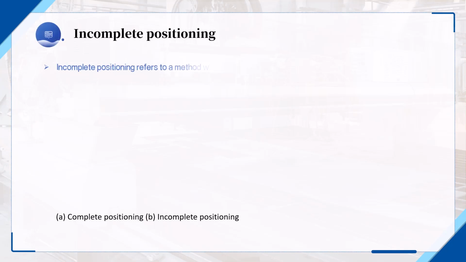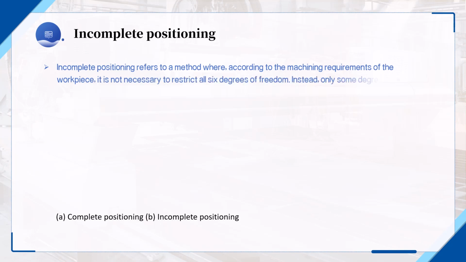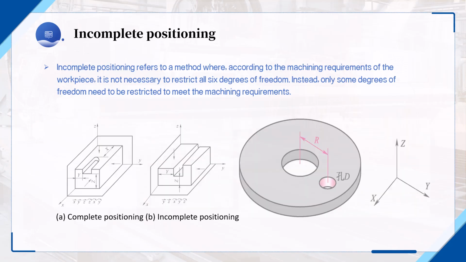Incomplete positioning refers to a method where, based on the machining requirements of the workpiece, it is not necessary to restrict all 6 degrees of freedom. Instead, only some of these degrees of freedom need to be restricted to meet the machining requirements. In actual production, incomplete positioning is widely present and considered reasonable.